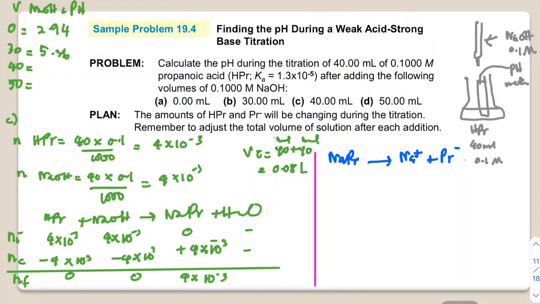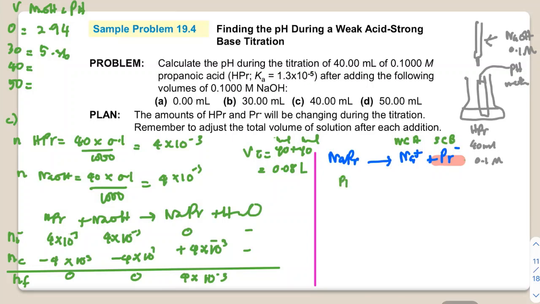So we know that Na plus comes from a strong base, so it will be a weak conjugate acid, while Pr minus comes from a weak acid, so Pr minus will be a strong conjugate base. So Pr minus is the one that will further hydrolyze. So let's construct the hydrolysis table for the Pr minus.